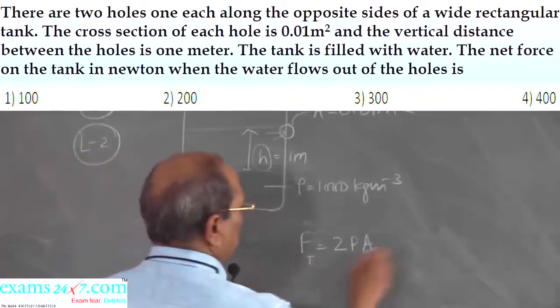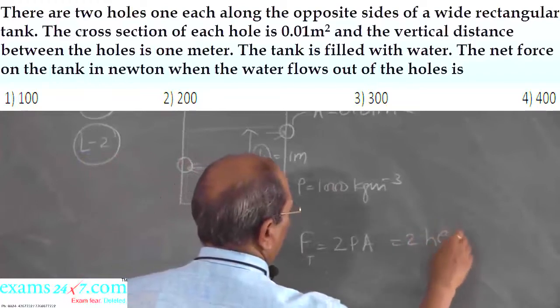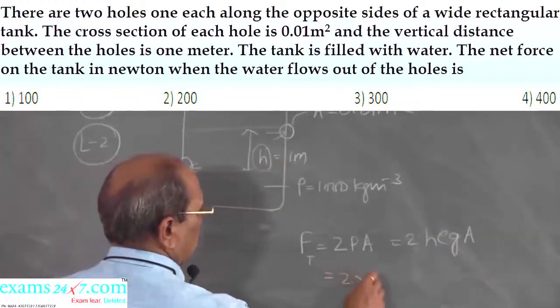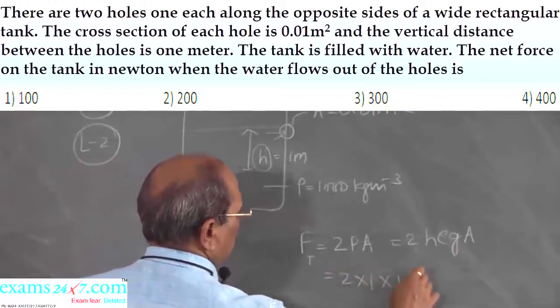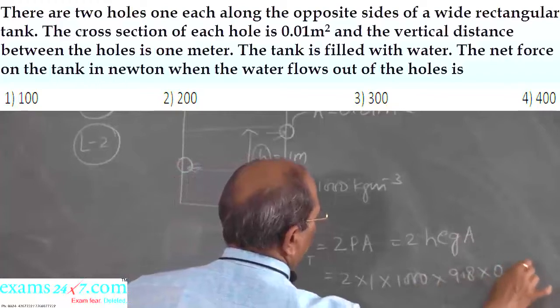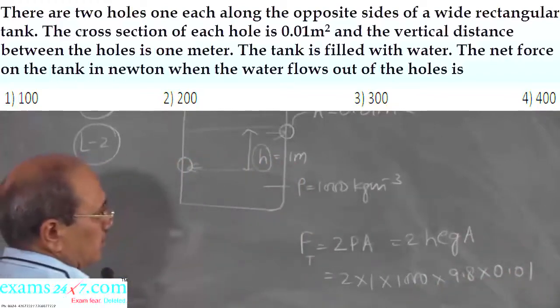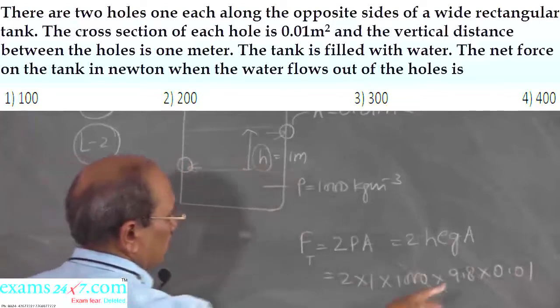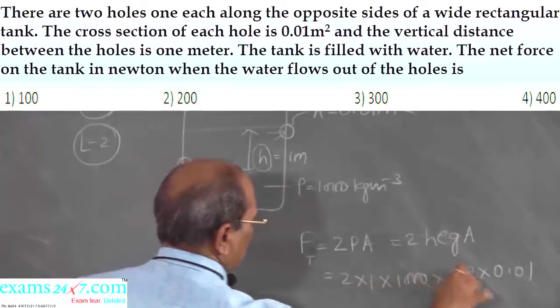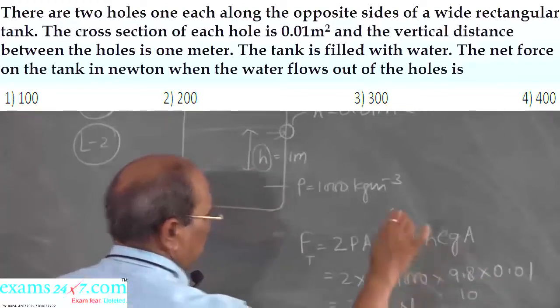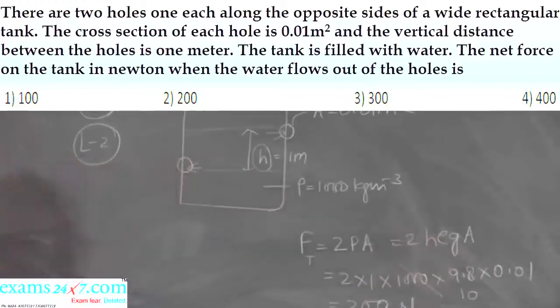So it can be written as 2H rho g into A: 2 into 1 into 1000 into 9.8 into 0.01. The 2 zeros cancel with this. If you approximate 9.8 as 10, that becomes 200 Newton. Option number 2.